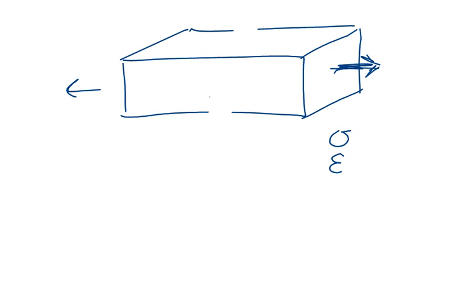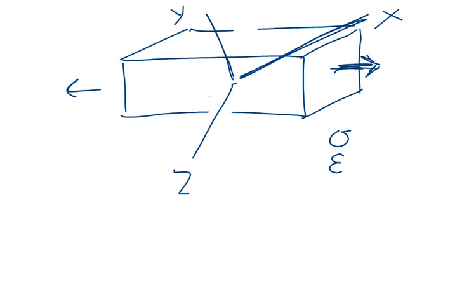What if I change my coordinate axes? Maybe my x-axis is now in this direction, x, and that's y. Z still comes out of the board, comes out of the page. Now what happens?